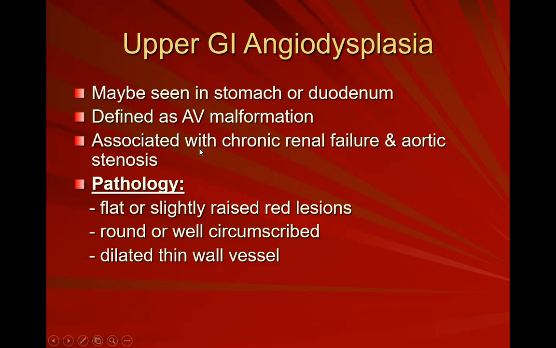So they are AV malformations. This means that the disease would start in the veins and then go into the smaller arteries. They are also associated with chronic renal failure and aortic stenosis. All right, in aortic stenosis, it would lead to high pressure inside the vessels, and this high pressure would lead to thinning of these arteries.